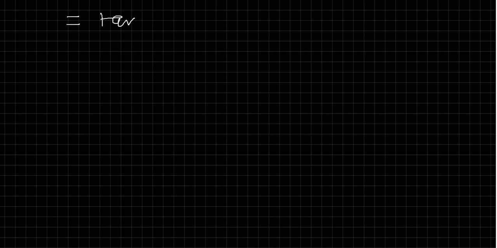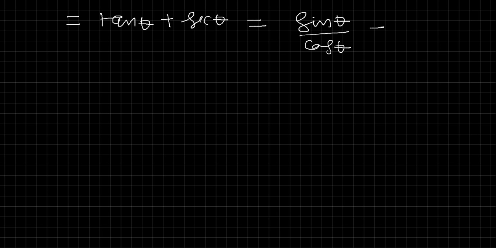Tan theta is nothing but sin theta by cos theta, and secant theta is nothing but 1 by cos theta.